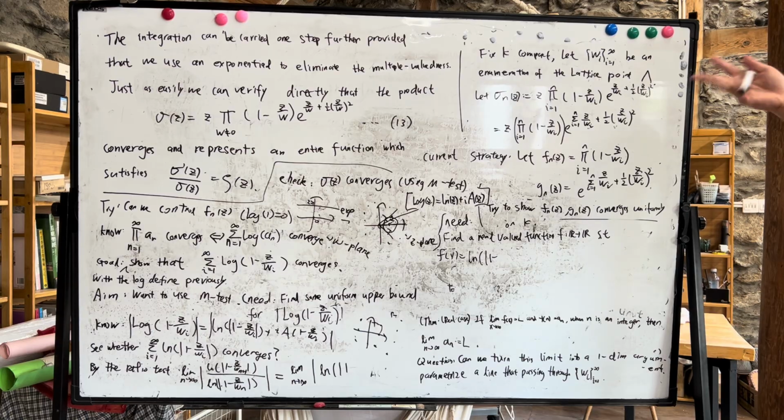First I give an enumeration of these omega i's, and then I define f_n(z) to be the product of i from 1 to n of 1 minus z over omega i. And I define the rest function, which is the product of the exponentials, g_n(z), to be e to the sum i from 1 to n of z over omega i plus 1/2 (z over omega i) squared.